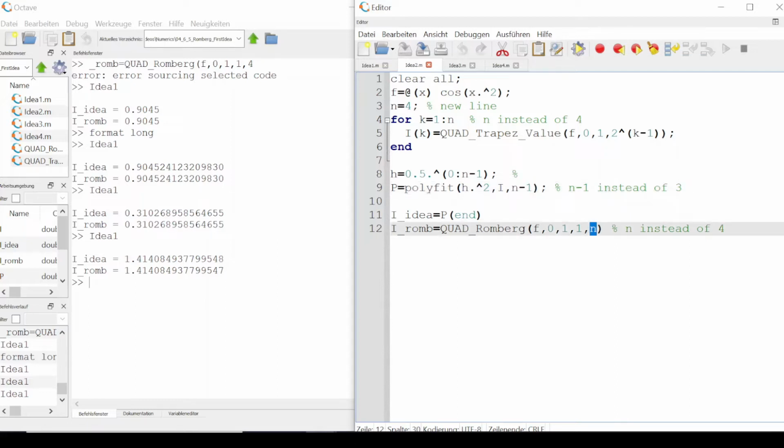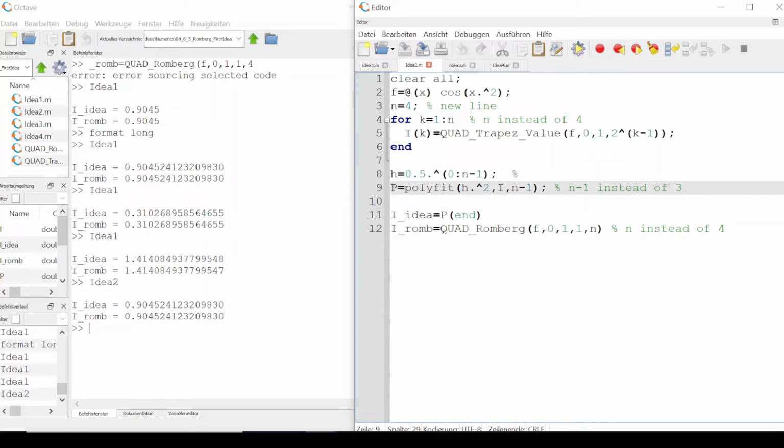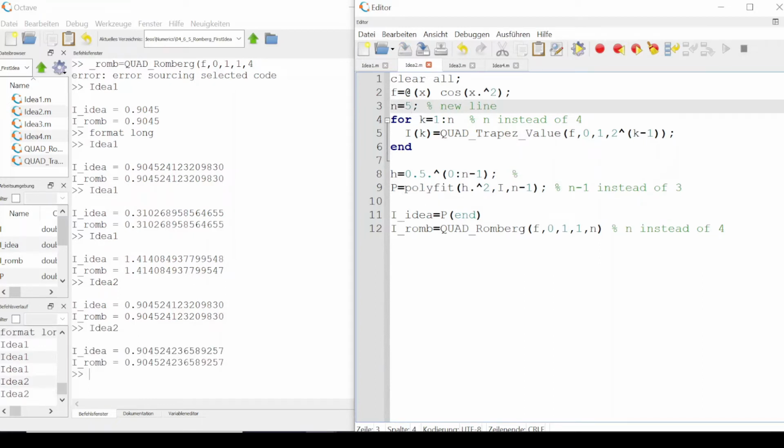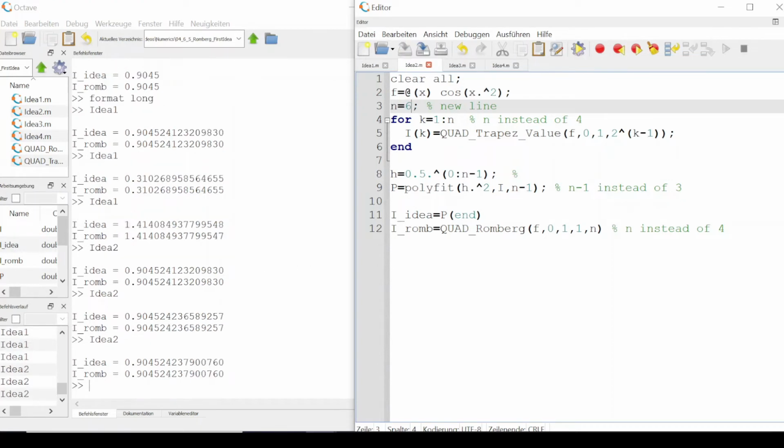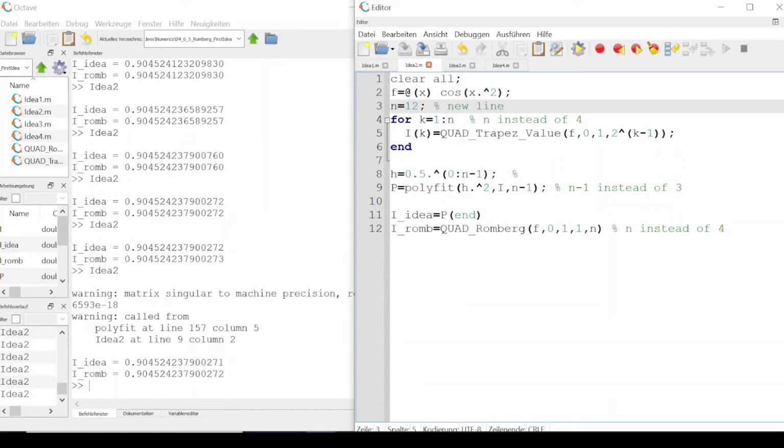And also for Romberg, for the comparison, we want to take n stages. Let's run that code, and we see again the same values. And now we can play around. Let's use a different n, and we see again the same number, same number, same number.